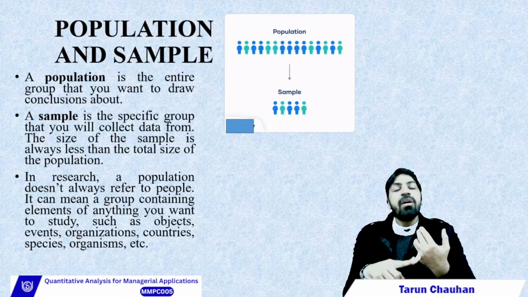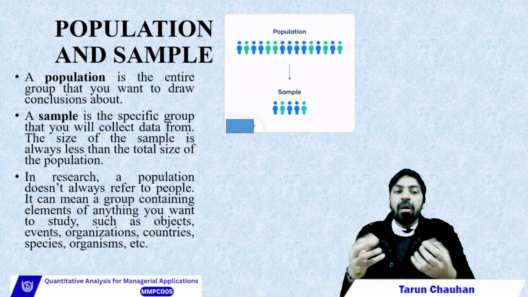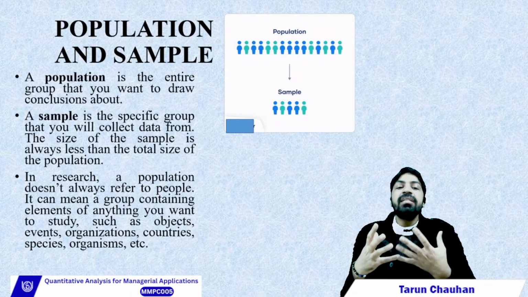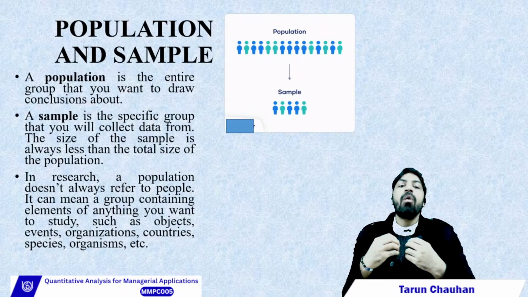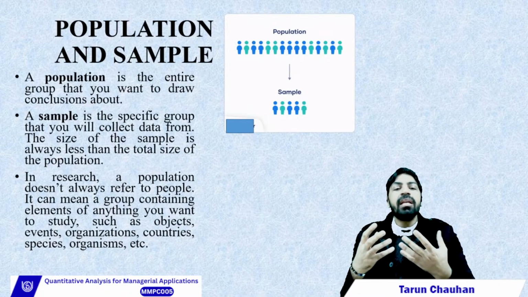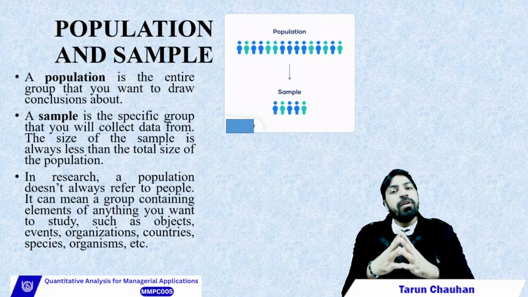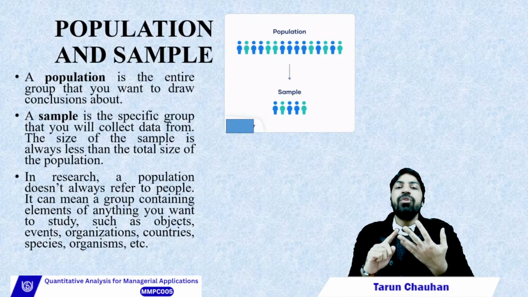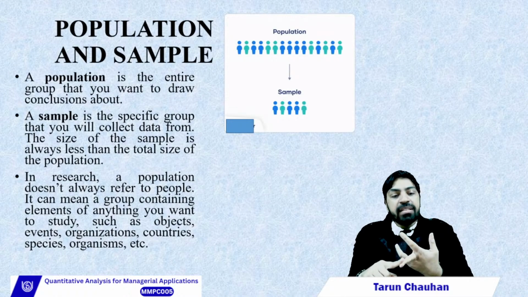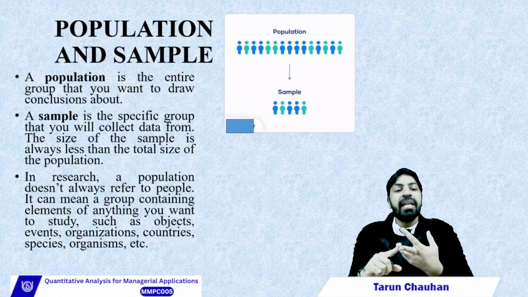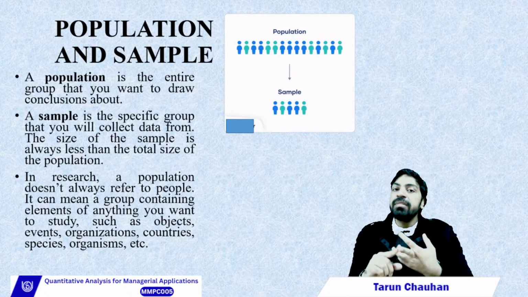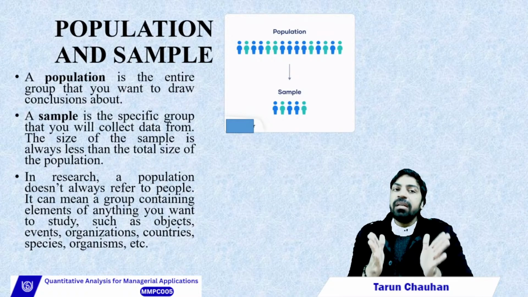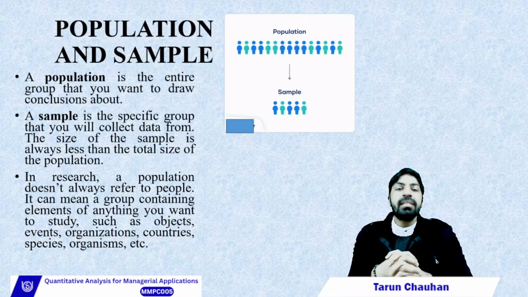It refers to a particular group or community, which includes the various elements of the population, or it could be anything a particular researcher wants to study, such as objects, events, countries, organizations, organisms, species, etc. So that is the basic meaning of population and sample.